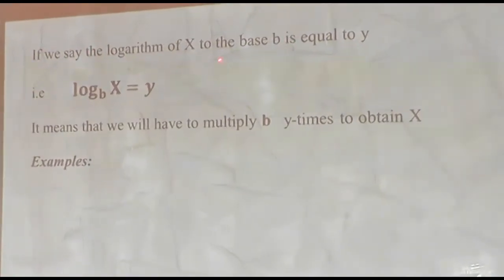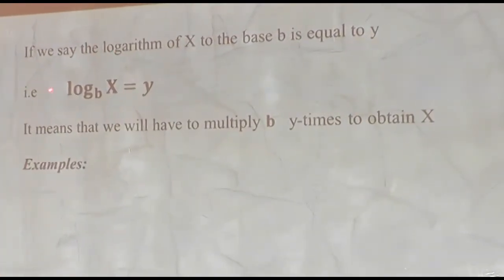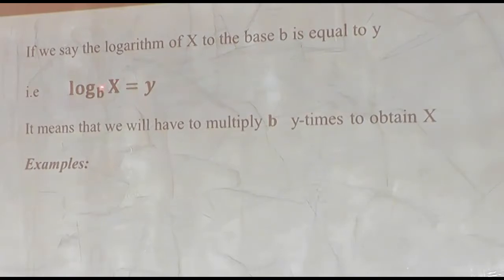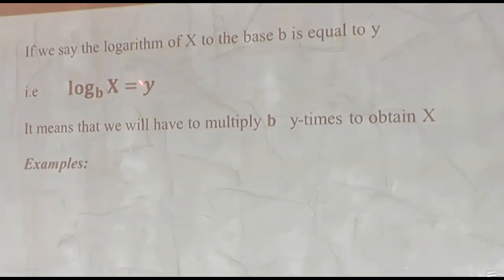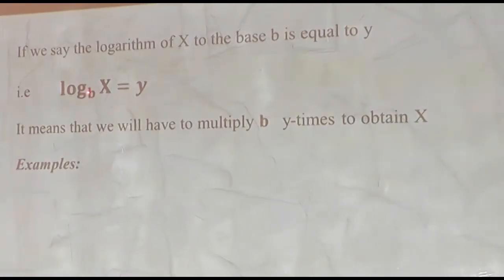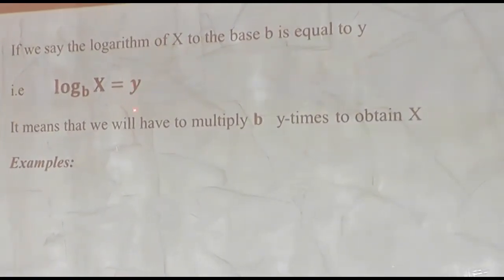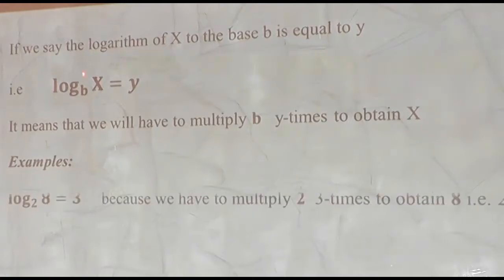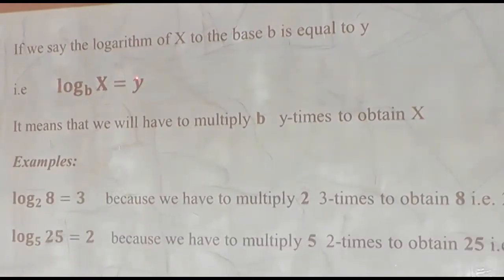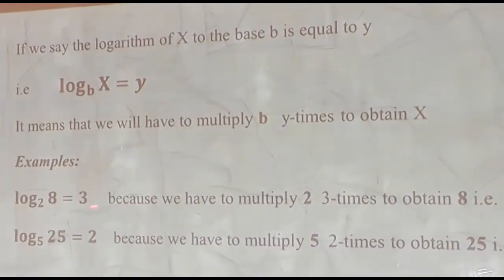Now, we say the logarithm of x to the base b is equal to y. So if I have log x to base b and I say it is equal to y, I am simply saying b must be raised y times to give x.